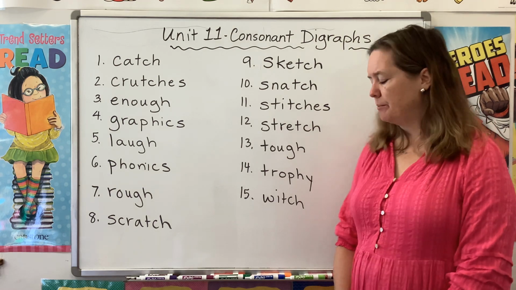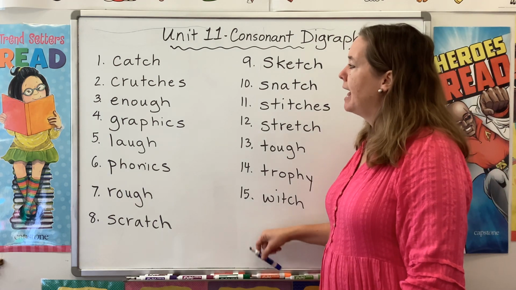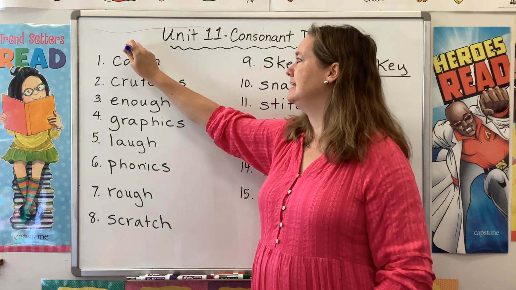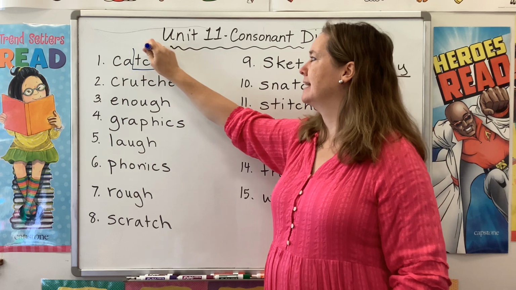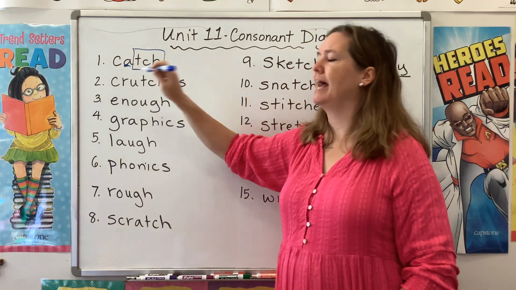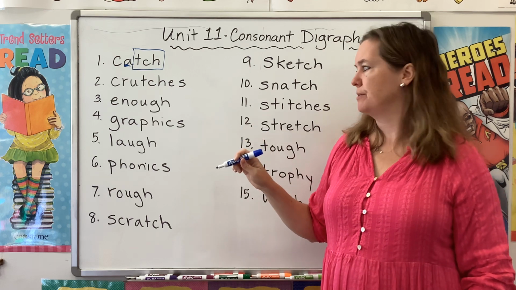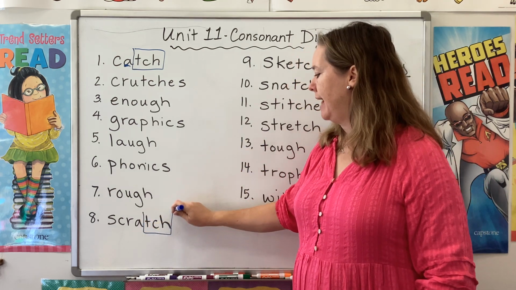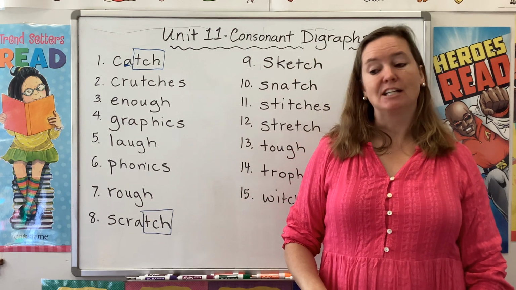Okay, so let's choose a color. And the first thing I want to focus on is that TCH pattern in catch. Notice here it's coming after a short A. Catch. We see it again here at the end of scratch.